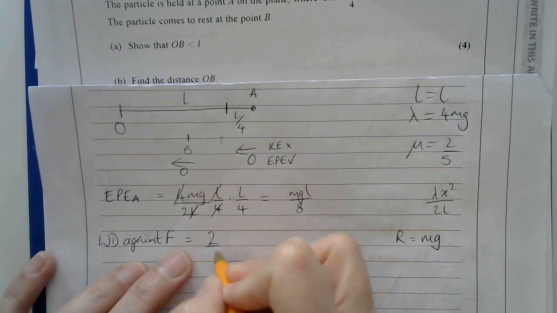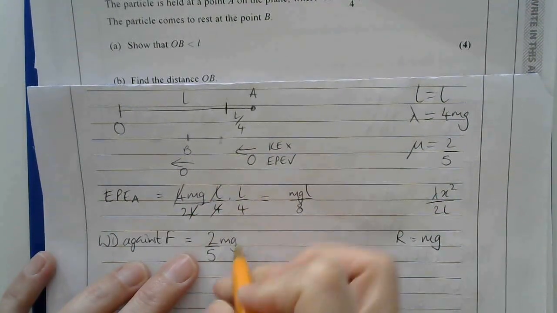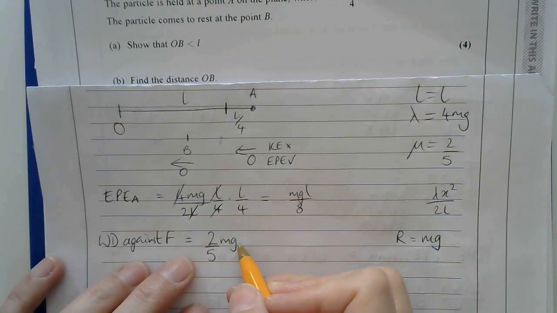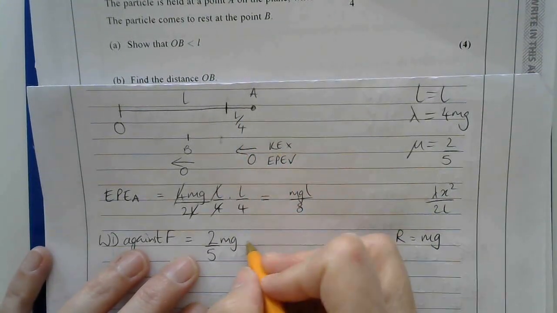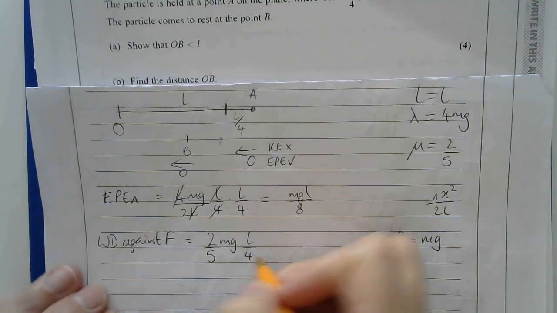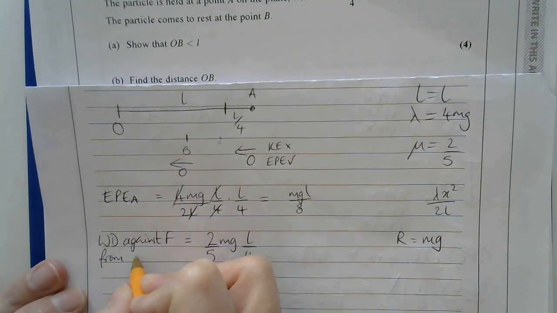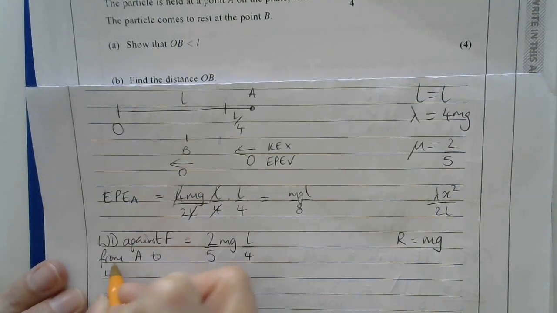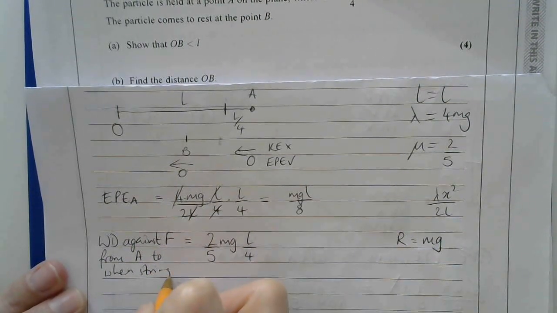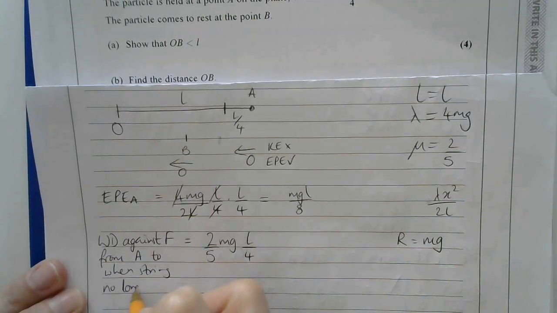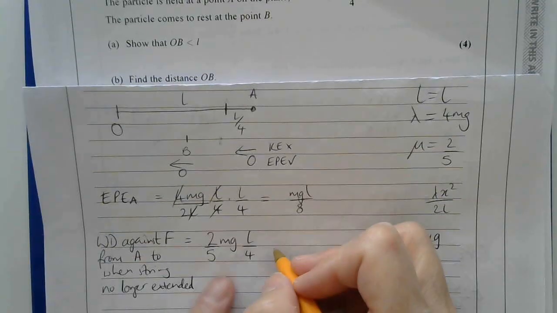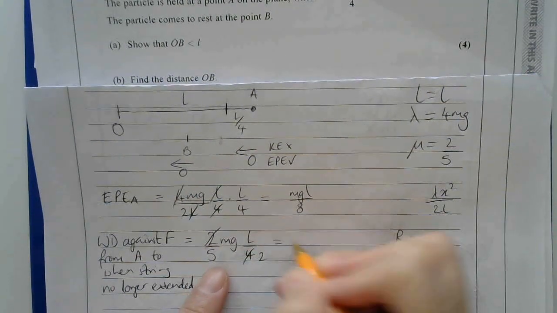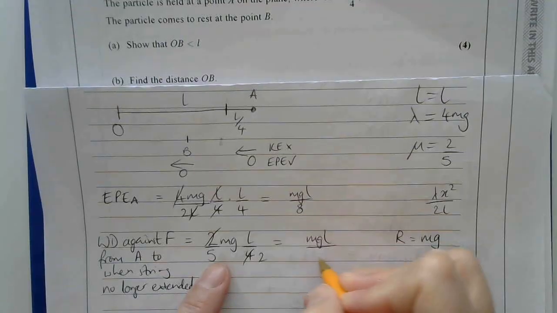So I've got 2/5 mg, the value of friction, multiplied by the distance moved. From here to here the distance moved is L/4, from A to when the string is no longer extended. That will cancel and give me a 2 on the bottom. So here I get mgL over 10.